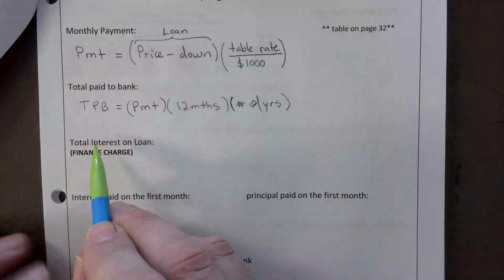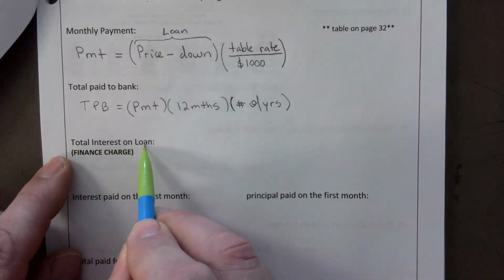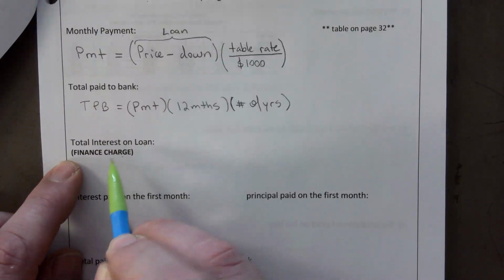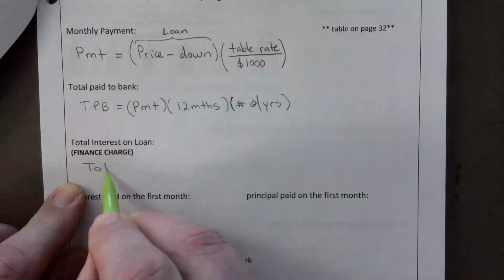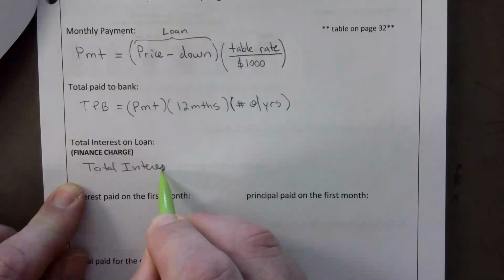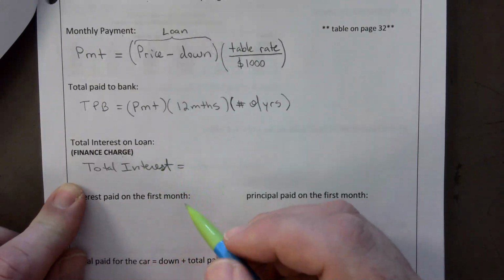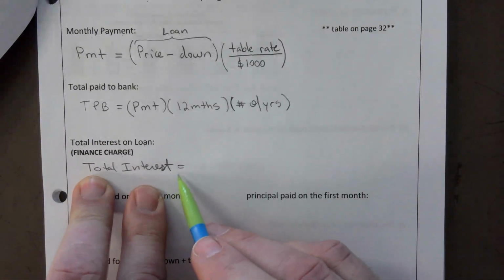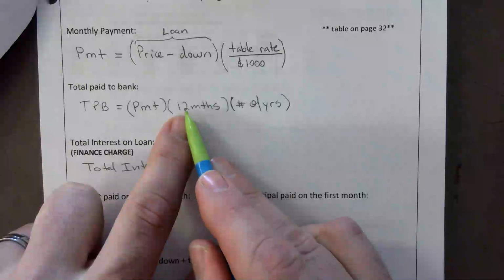This one is the most popular one, total interest on the loan, the finance charge. Make sure you have that. So I'm going to actually call that total interest because some students just go TI and then they forget what it stands for. Total interest is essentially, folks, using this part right here, how much you paid the bank.